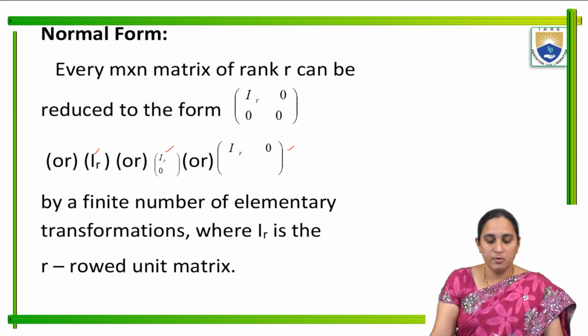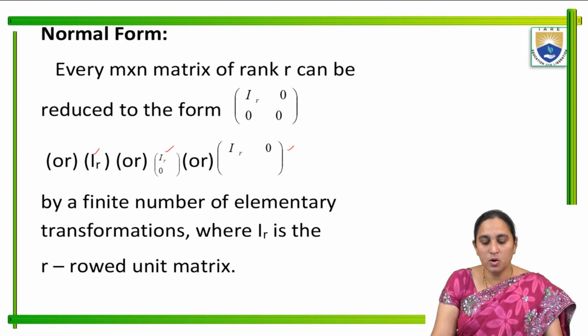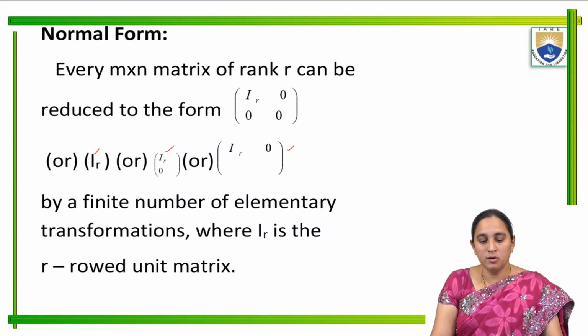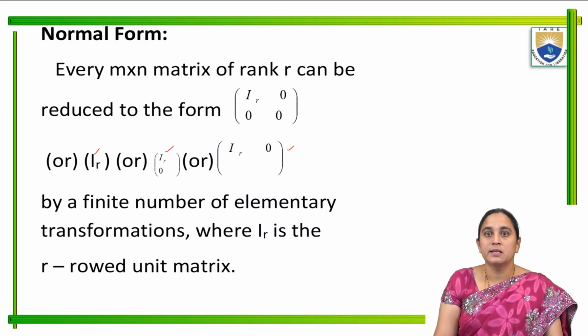We have to reduce the given matrix to identity using both row and column operations. After getting that identity, the order r of the identity is the rank of the matrix. This is the concept of the normal form.